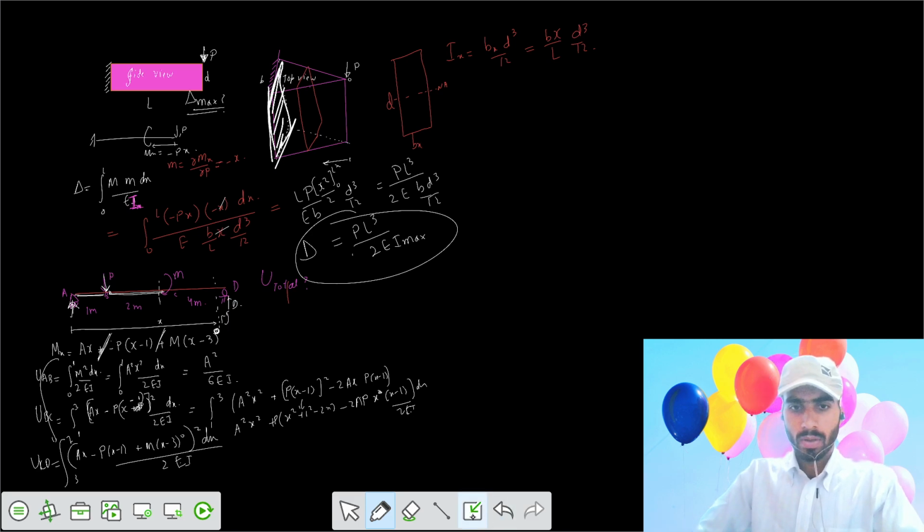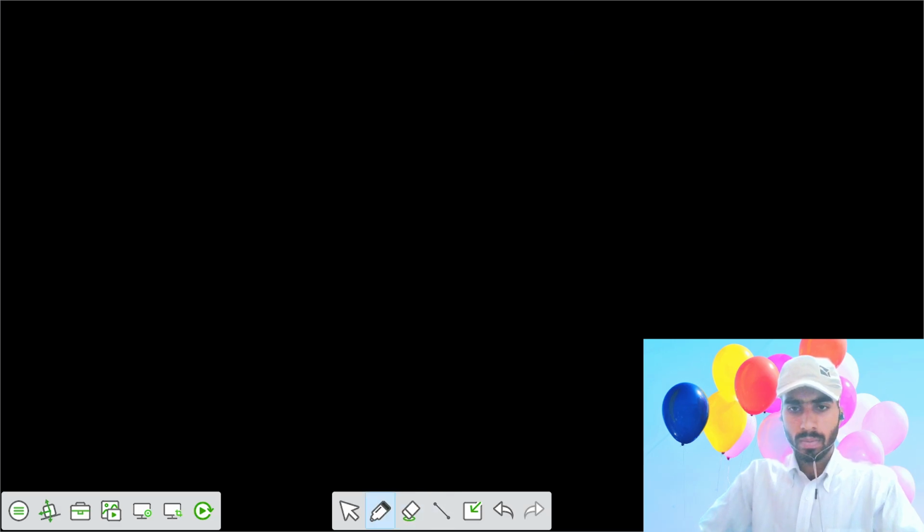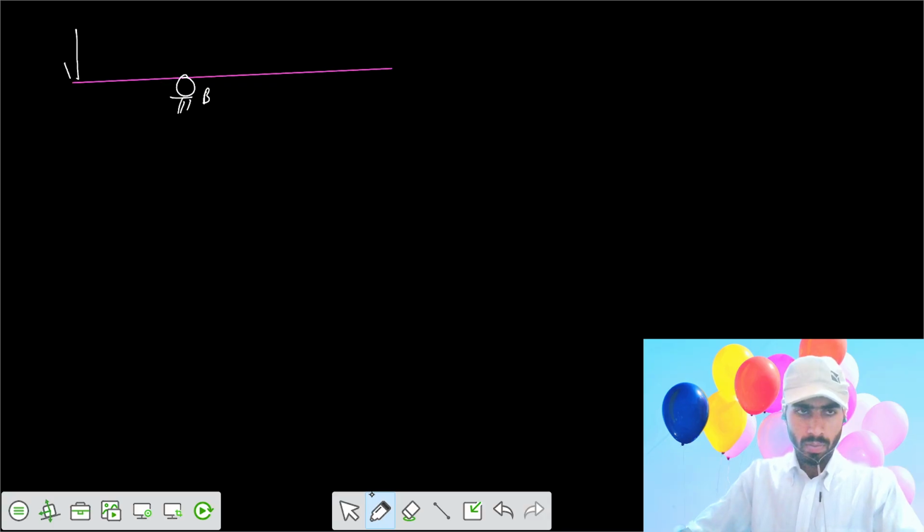Let's say you take one more problem. Let's say this is L by 2 and L by 2 and L. Here is some support at point B. You apply a load of P at A, and this is L by 2, this is L, and there is some internal hinge at H. After that there is some spring fixed at the bottom.